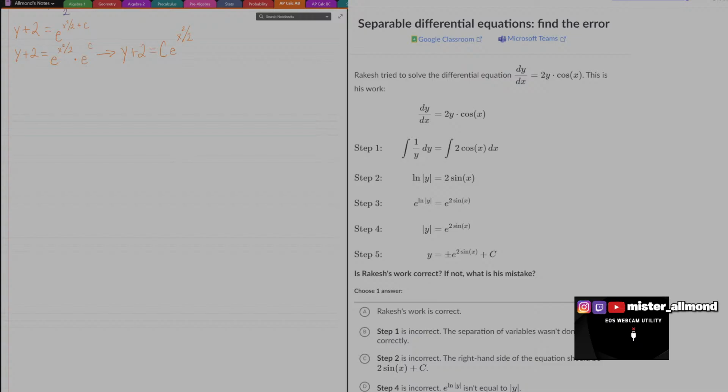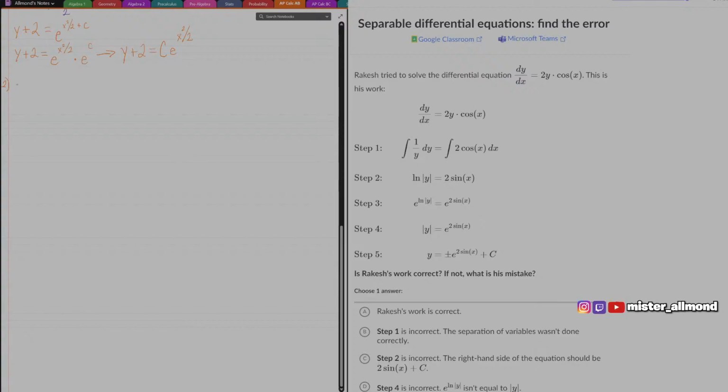So what I'm going to do first is multiply by dx on both sides and divide by y on both sides. That is what I would do.